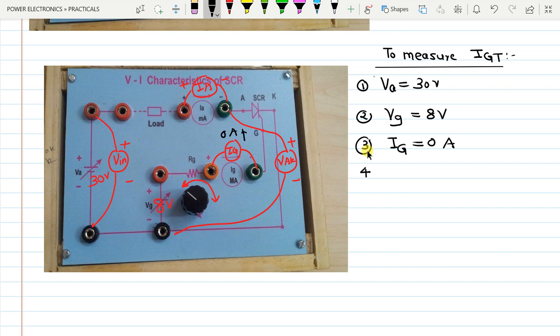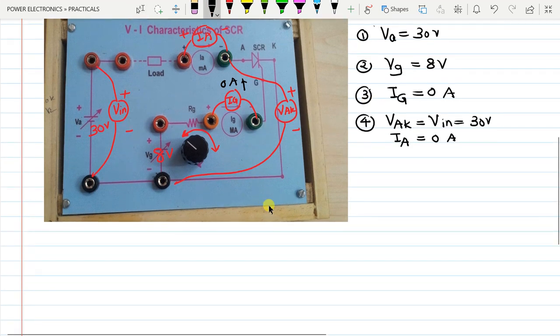Fourth, we should note that in this condition, when there is no gate drive, VAK is equal to Vin equal to 30 volts, and the second observation is that the device current is equal to 0 amperes.